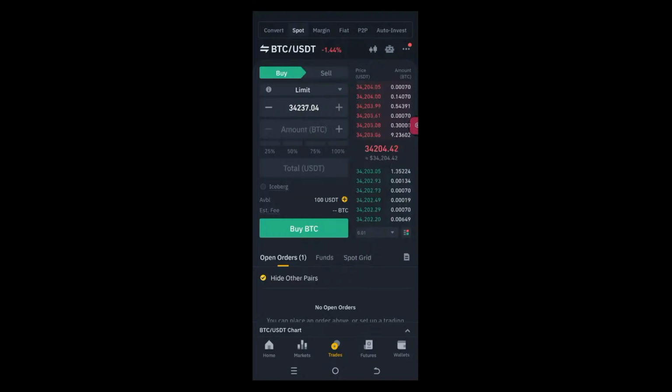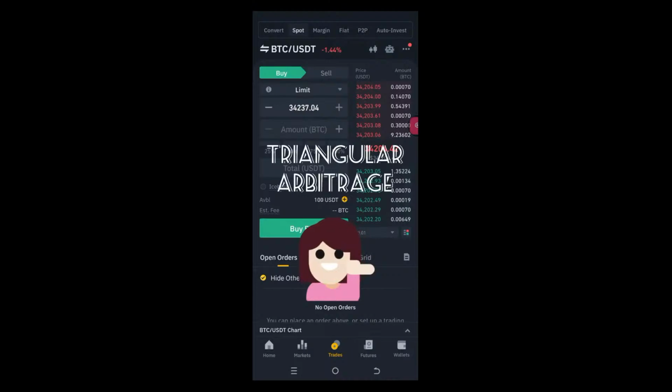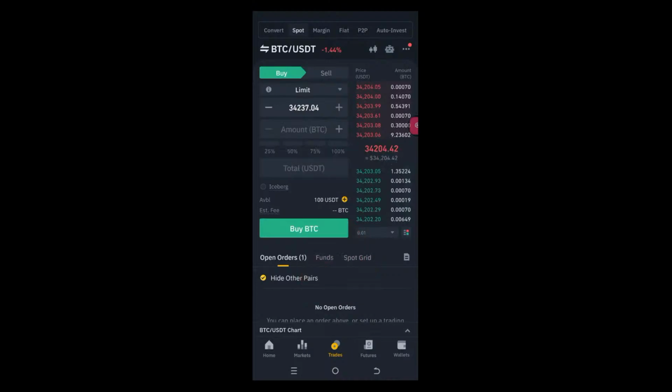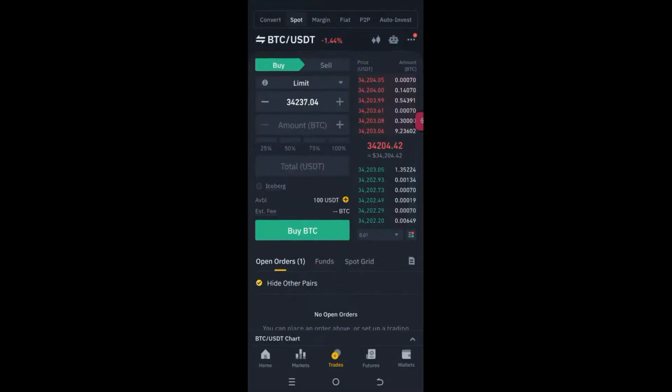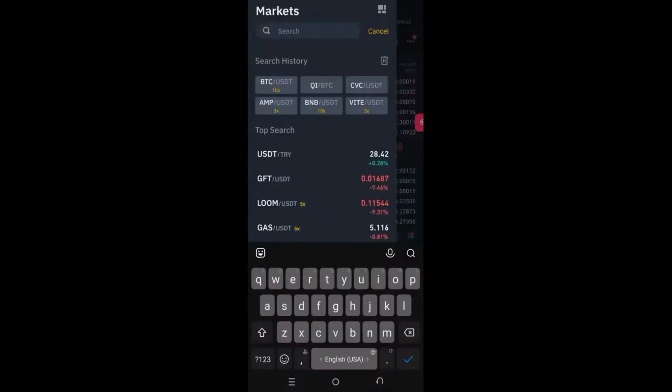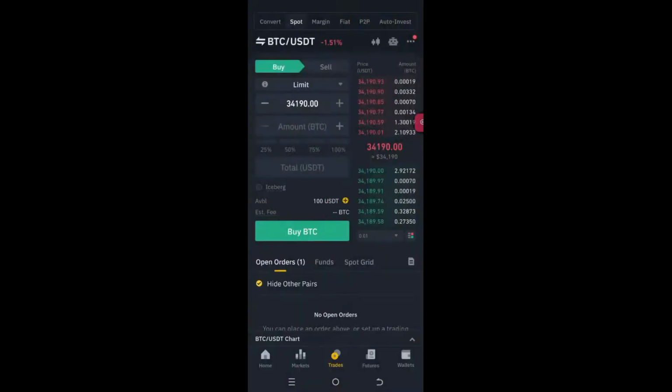Let's start with triangular arbitrage. We're currently on BTC USDT. The starting point is, what is triangular arbitrage? I'm going to choose one of the coins here as an example. Triangular arbitrage just means you're taking advantage of disruptions and imbalances in the market.